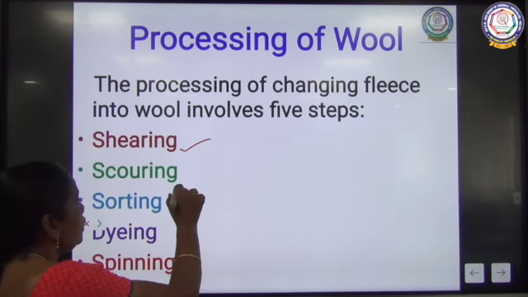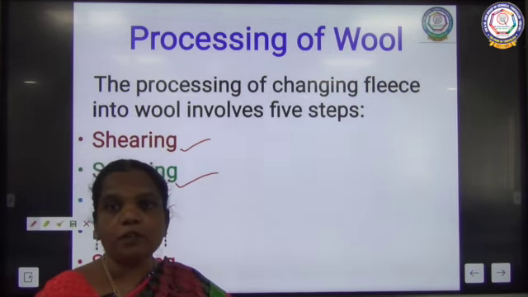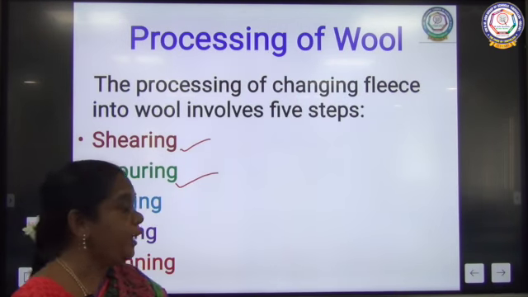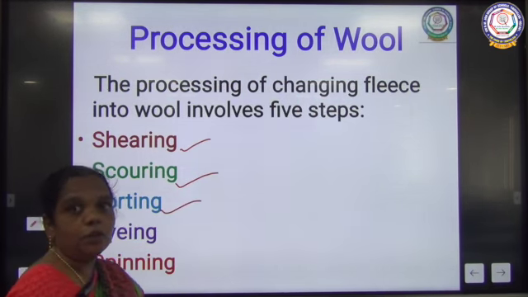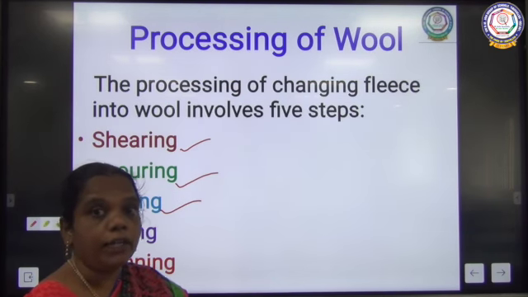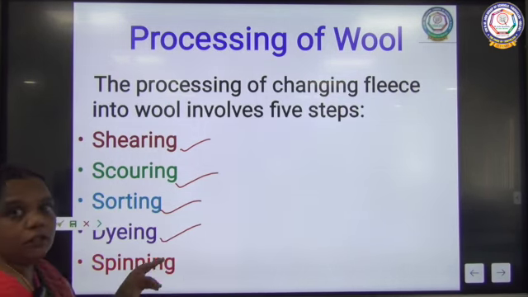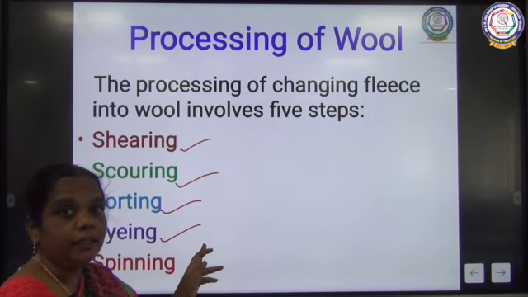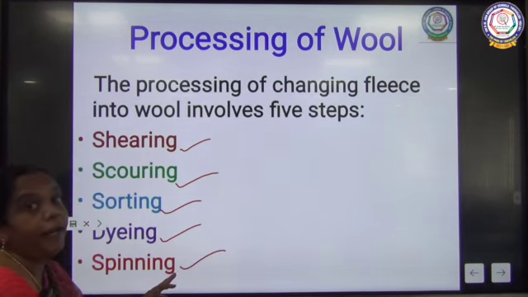And the next one is scouring. What is the second step in wool production? Scouring. Next, third one, sorting. Third process is called sorting. And then the fourth one, dyeing. And then the fifth process of wool production is spinning.